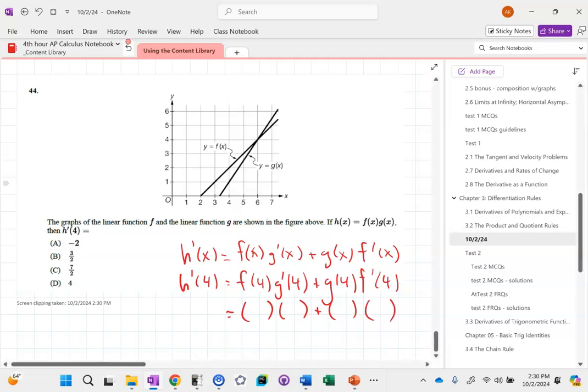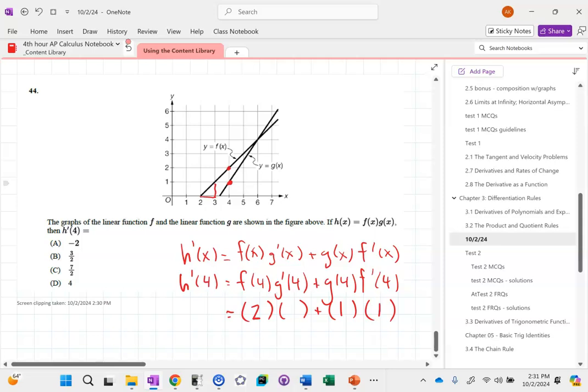So f of 4, let's see, is right here. That's 2. G of 4, that's right there, that's 1. Now, since this is a straight line, the slope for f is going to be the same as the derivative for f at any x. So if I look at f, I go 1 over and 1 up.